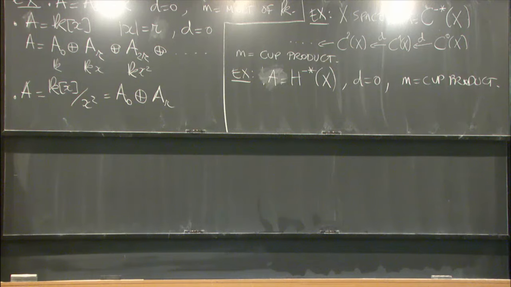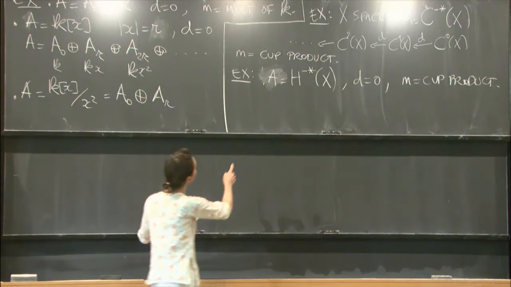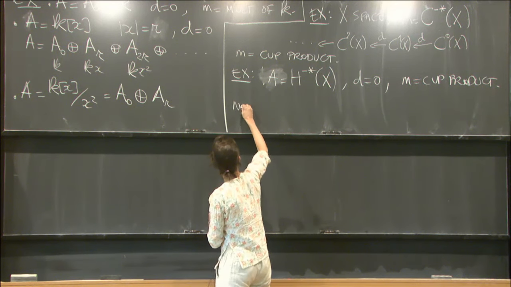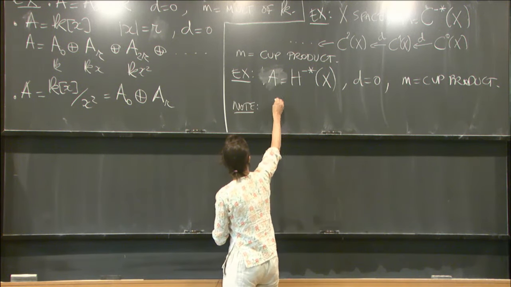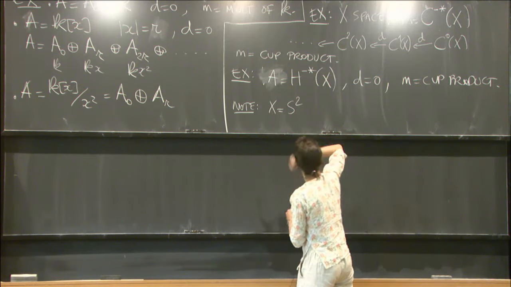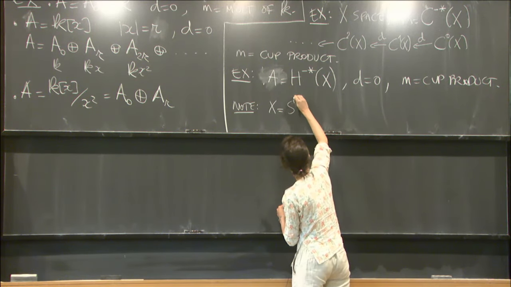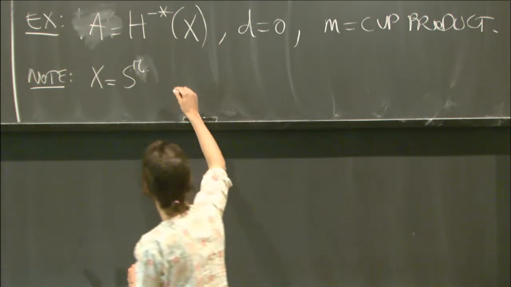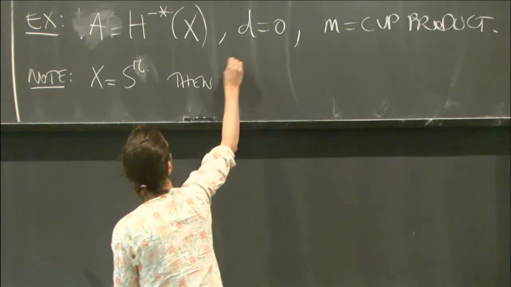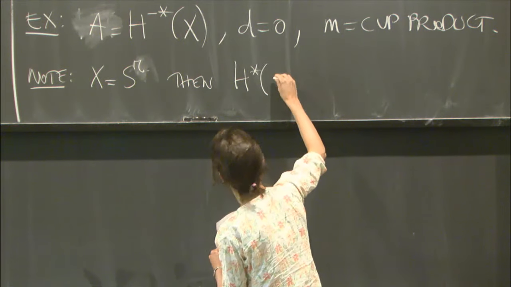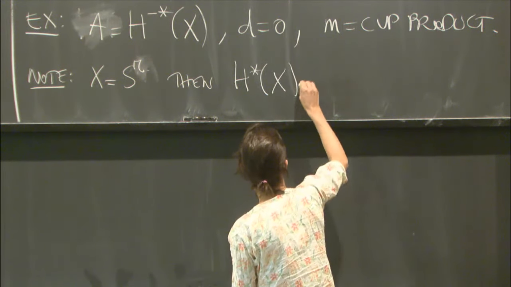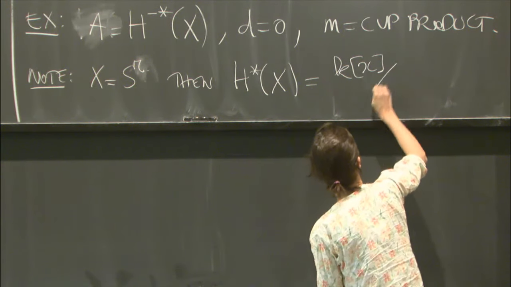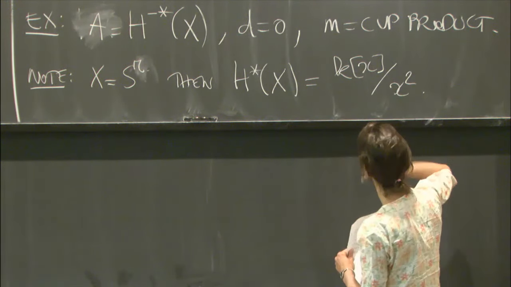Yeah, I should say, there's a relationship between this and that. Take the sphere of dimension R. Then the cohomology of X, with the cup product, is actually that thing, K[X] mod X squared, right?